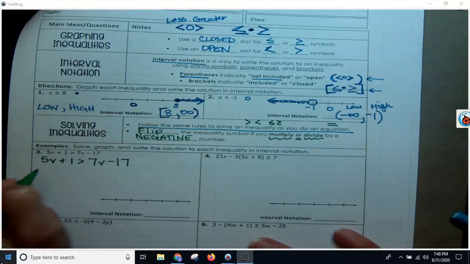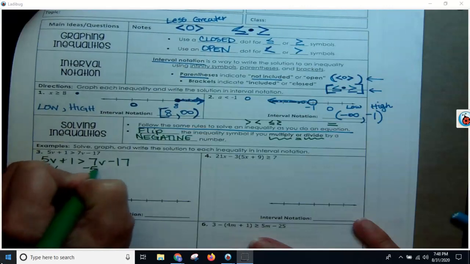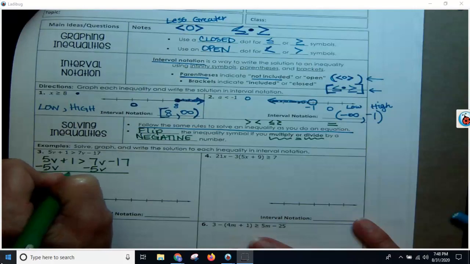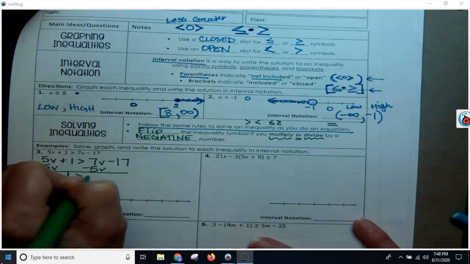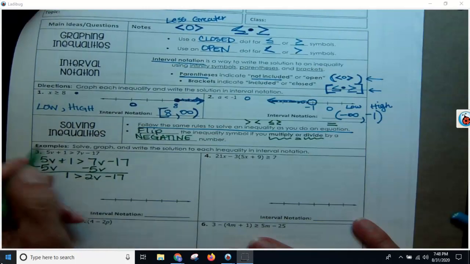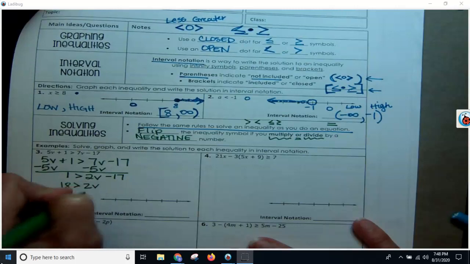So you can do one of two things. I can subtract 5v from both sides, and I'm going to be left with 1 greater than 2v minus 17. I'll add 17 to the other side, 18 greater than 2v.